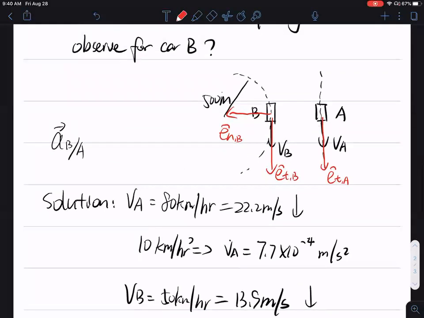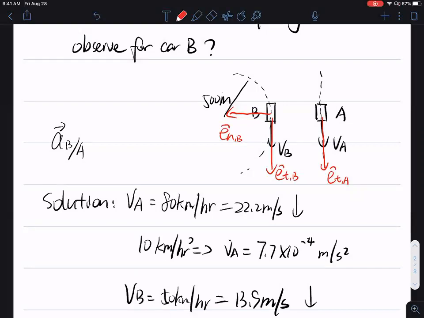Right now I want you to do a coordinate system conversion between this path coordinate system and this path coordinate system. What's the relationship between ETB and ETA? They face the same direction. So, what's your answer? They're the same. Yes.